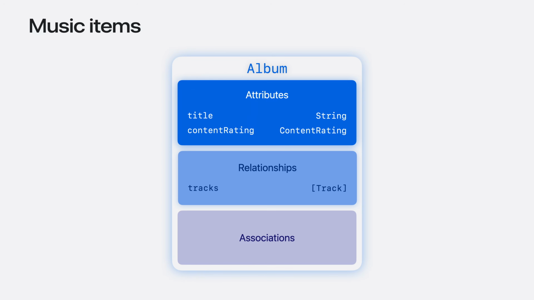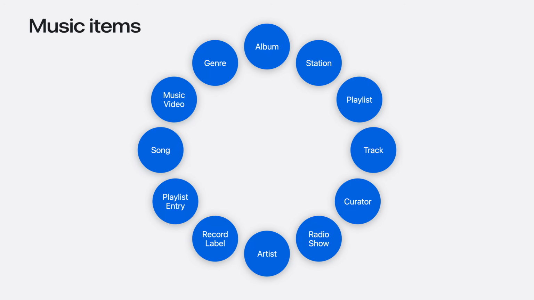Associations describe a type's related content as well, but associations generally have weaker ties to the type than a relationship has. One album association is the other versions, which is a collection of other albums. So far, I've focused on album, but there are many other MusicKit music item types, like genres, stations, and playlists.